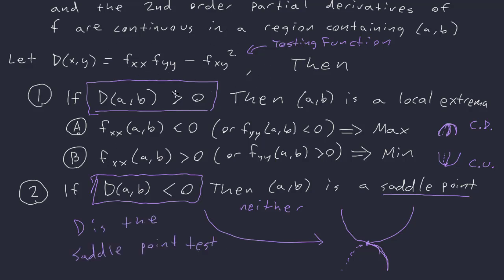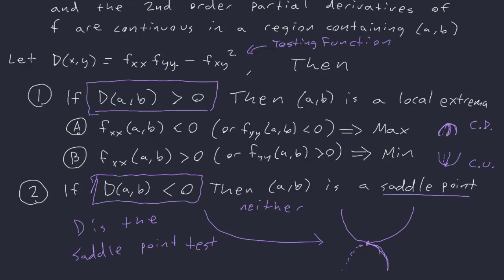Now, there's a lot to what this thing is. If you've taken some linear algebra, you may have seen this before. This is a pretty advanced function. I don't want you to worry too much about where it comes from or what it really is. We could spend days talking about it. The intuitive thing, though, is if f sub xx and f sub yy have the same sign, if they're both positive or both negative, then their product is going to be positive.